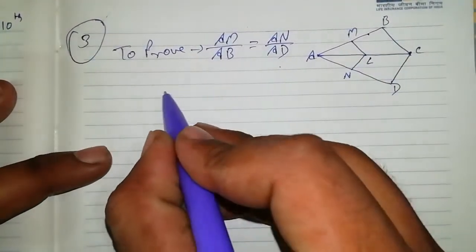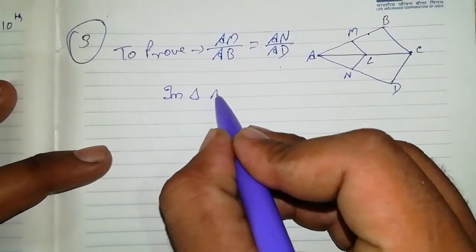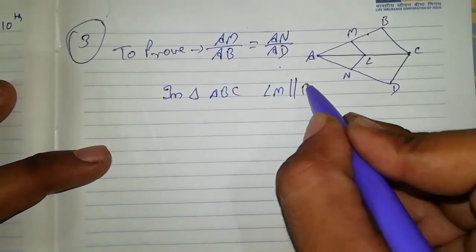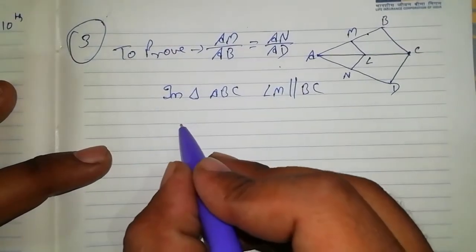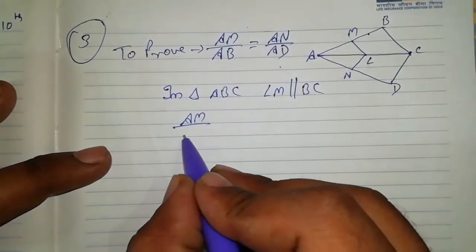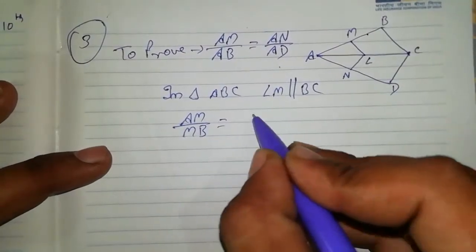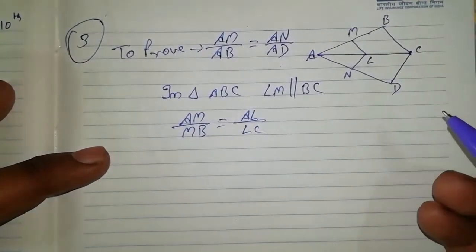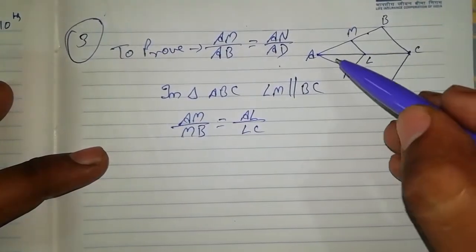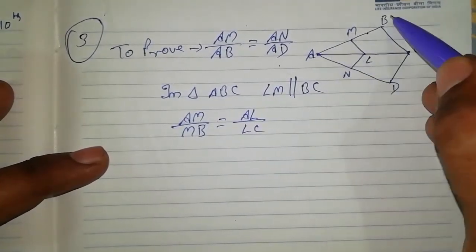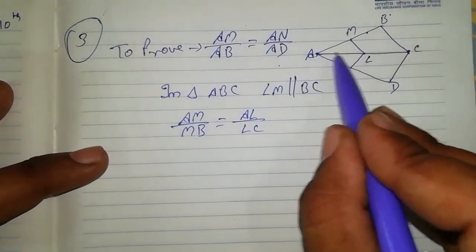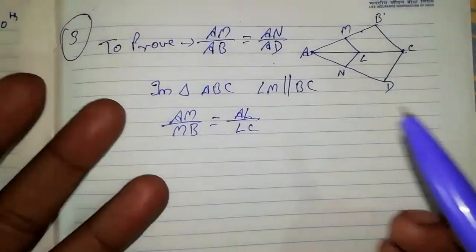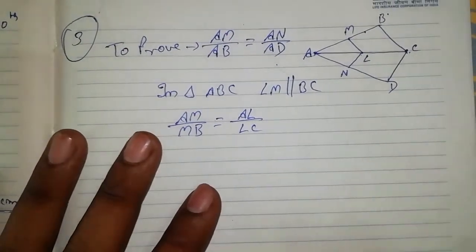First of all we will take triangle ABC. We know that LM is parallel to BC. So we can say that AM upon MB equals AL upon LC. But we can also take AM upon AB equals AL upon AC. We have already proved three results in B.P.T when we proved the B.P.T theorem.